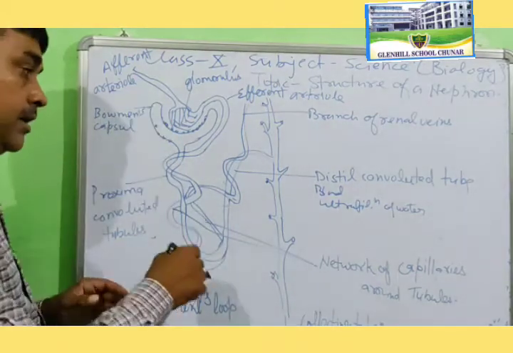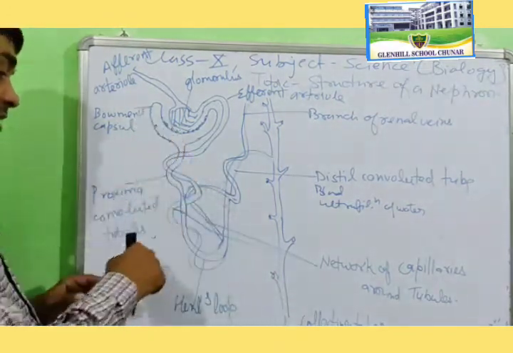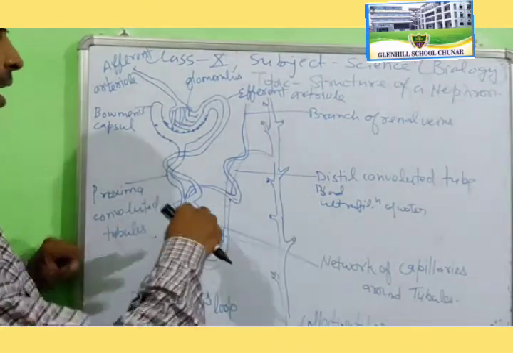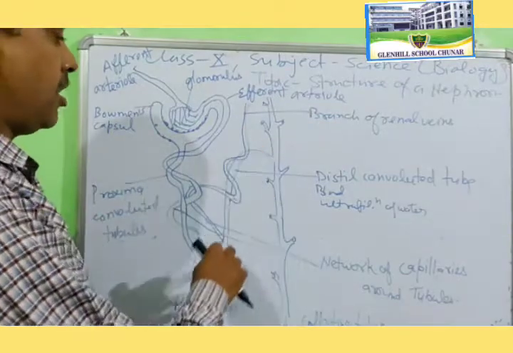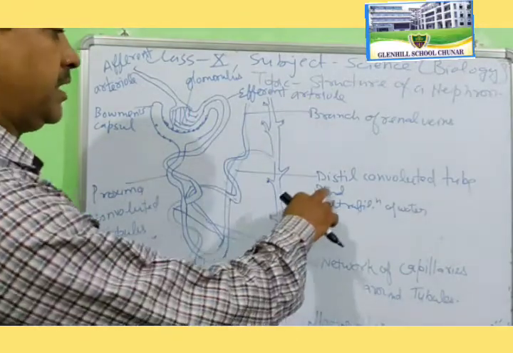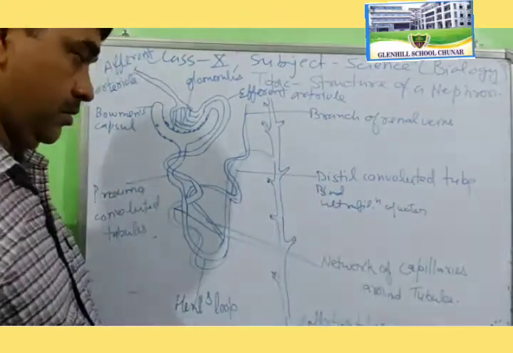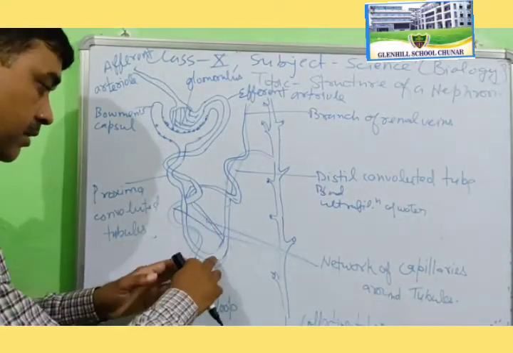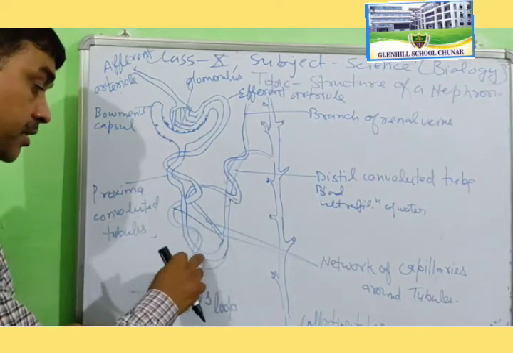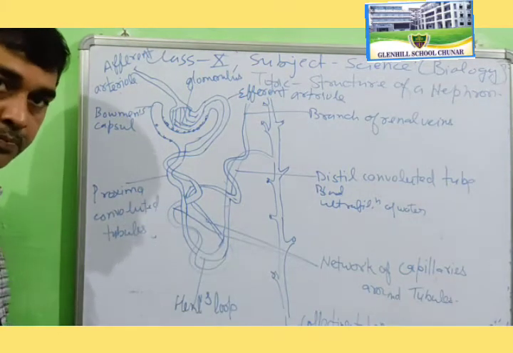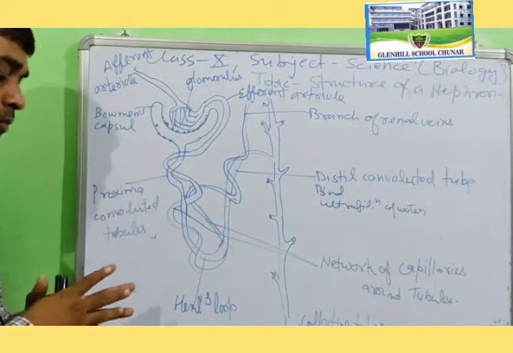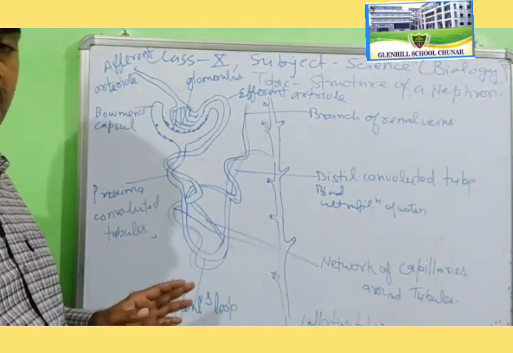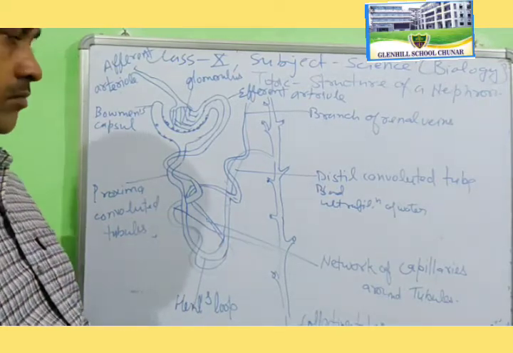First is descending and second is ascending. The descending tubule is called the proximal convoluted tubule, and the ascending tubule is called the distal convoluted tubule. And a U-shaped structure is found, called the Henle loop. Henle loop is very important for osmoregulation, for regulation of water inside the nephron.